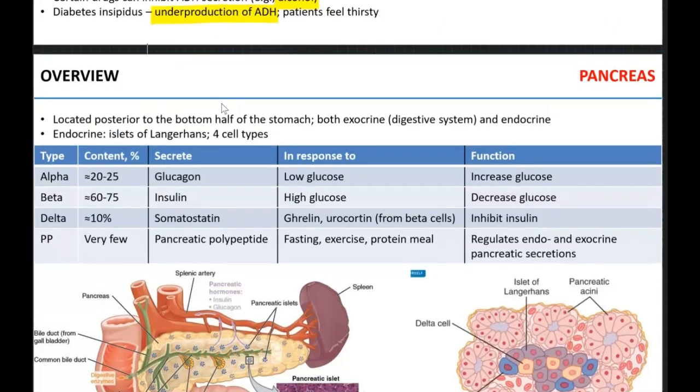Now we are moving to the pancreas. Not all the cell types that are in the pancreas you need to know, I'm just going to mention. The pancreas is both an endocrine and exocrine gland. Its exocrine function is to produce digestive enzymes.